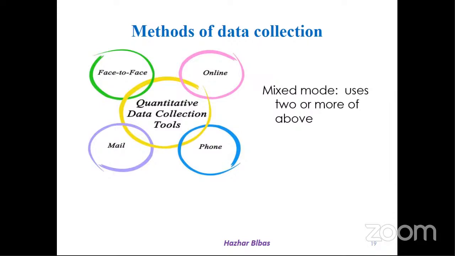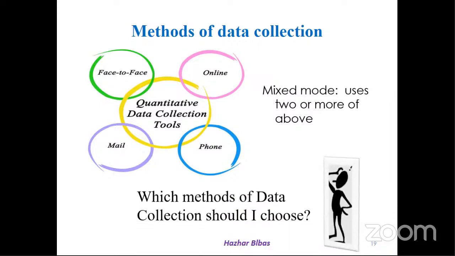For example, you can use face-to-face with online, or online with mail, or phone with face-to-face. Which one is the best? We couldn't say which one is the best. It depends on you as a researcher. You can decide depending on your title, population, and sample size. You're going to decide which one is the best data collection method for you.